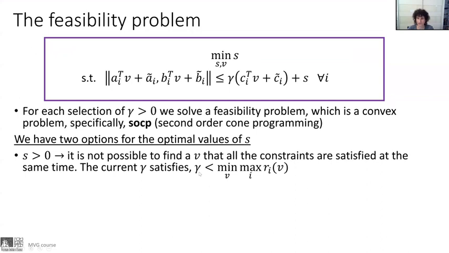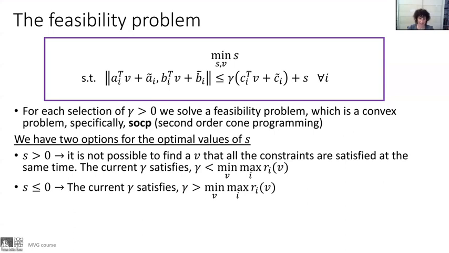Do you understand it? If S is negative, it means that the current gamma is larger. It's too wide, it's larger than the min max. It means that the constraint can be satisfied.